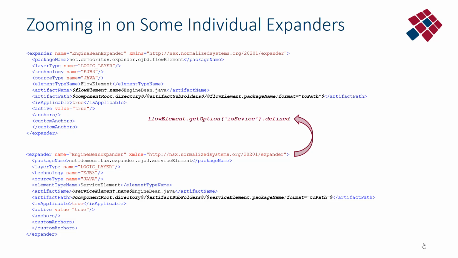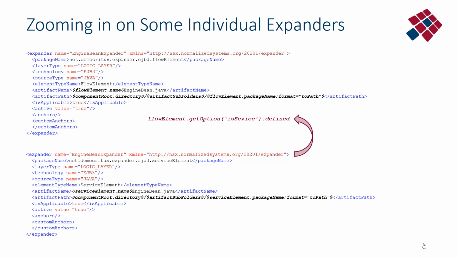So if the flow element get option is service is defined, then the engine bean expander of the flow element will generate an engine bean, which is completely similar to the engine bean that the service element engine bean expander used to generate. So this is just to address some of the more peculiar things, because all the rest is really, really straightforward.